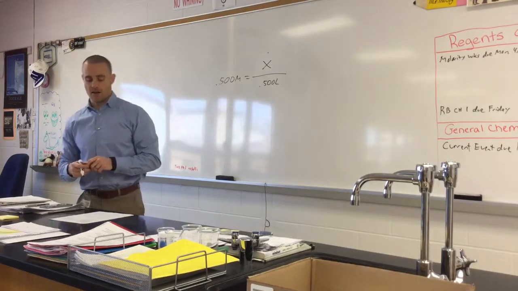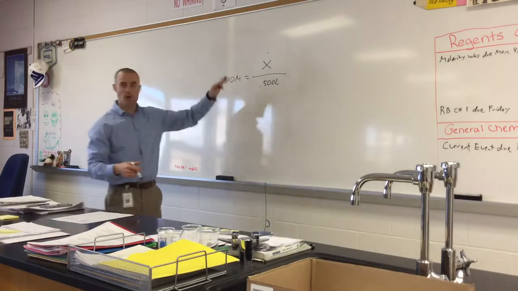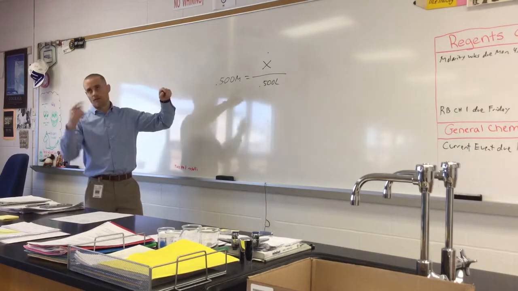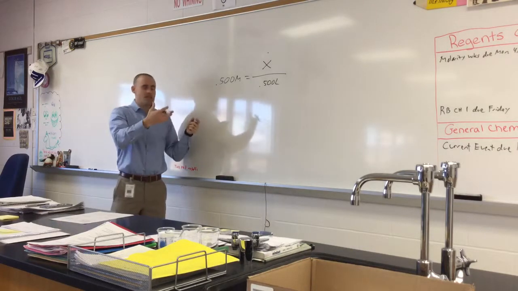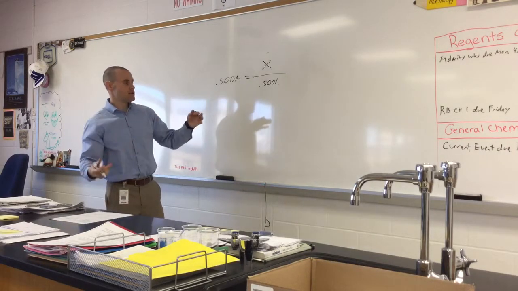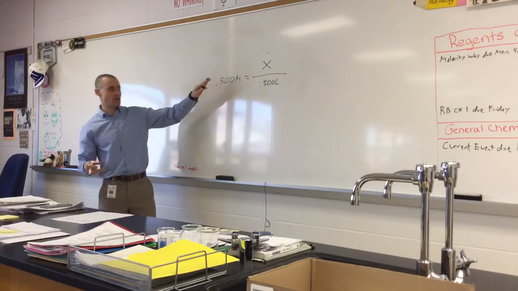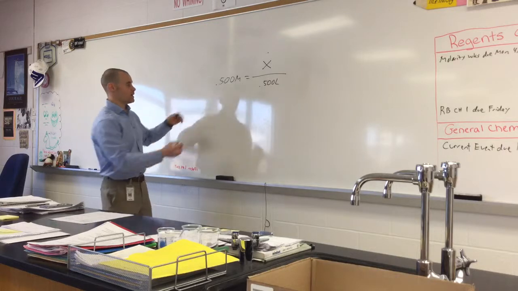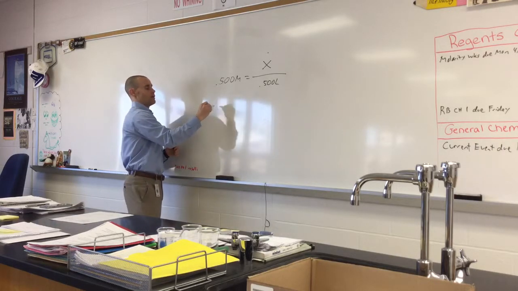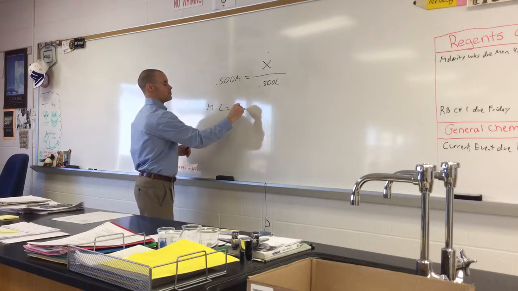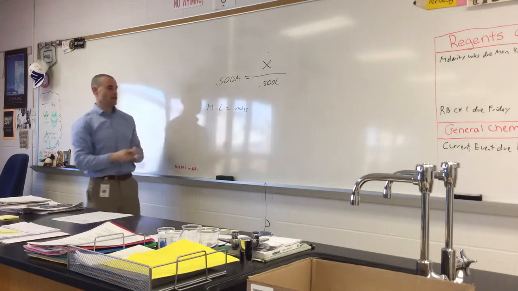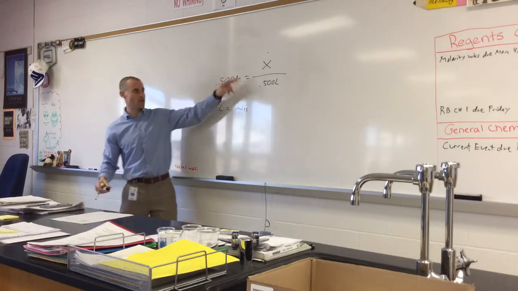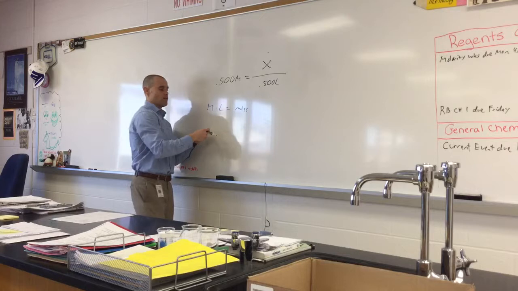Now, again, I don't teach this way, but I said that backwards. I'm going to show you something. I don't really teach it this way, but I'm going to show you anyway. Some students like to rearrange their equation first. So if you wanted to do that, you could. So really, you would have molarity times liters equals moles. So if you wanted to realign your equation, instead of molarity equals moles over liters, you would just solve for this.